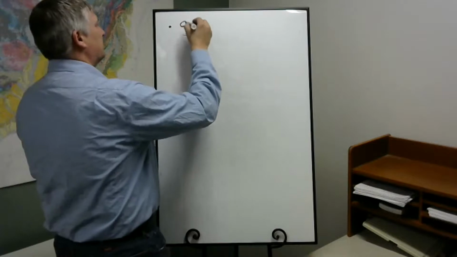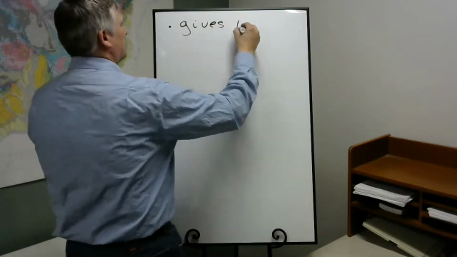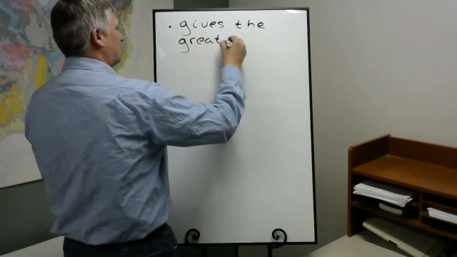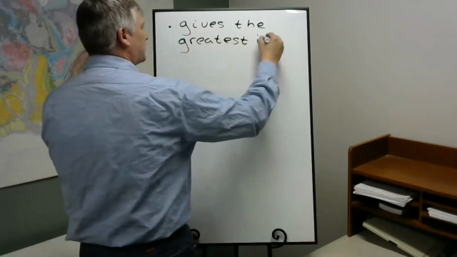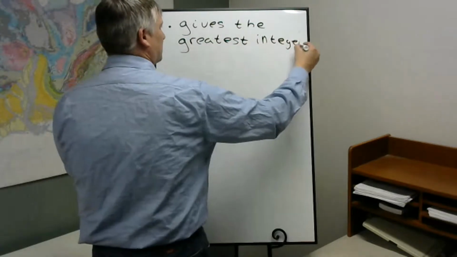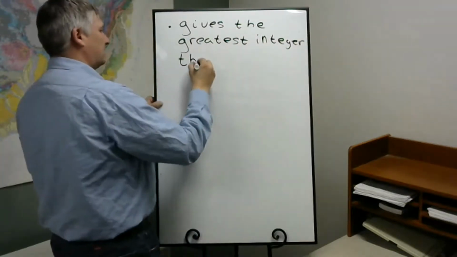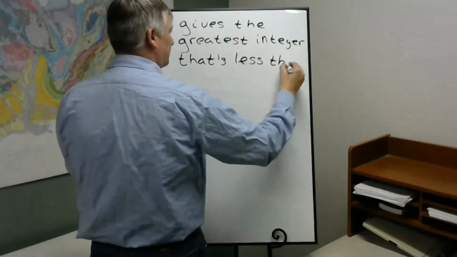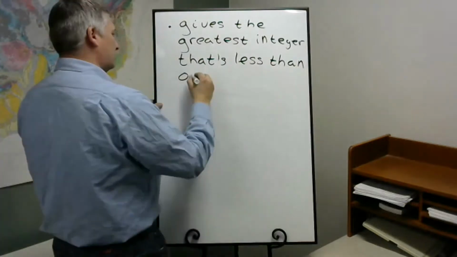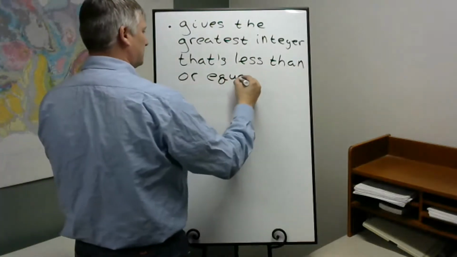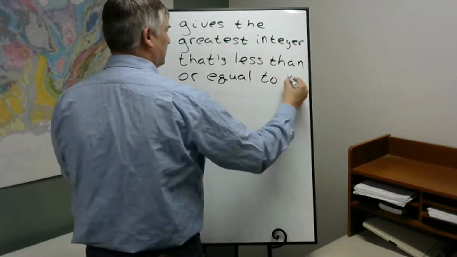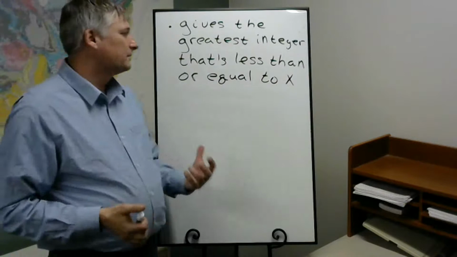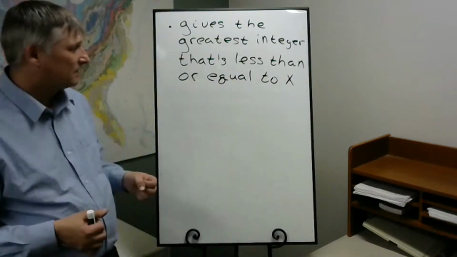It gives the greatest integer that's less than or equal to x. It gives the greatest integer that's less than or equal to x.